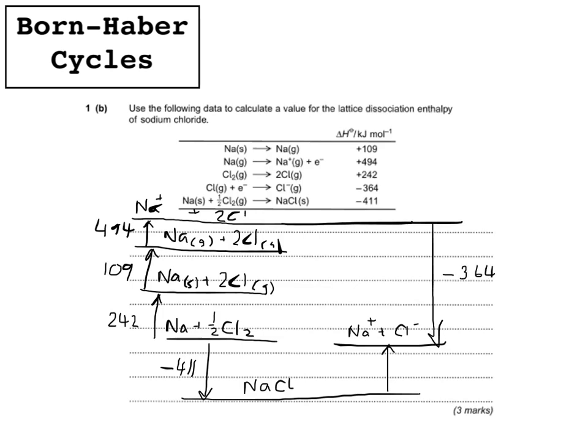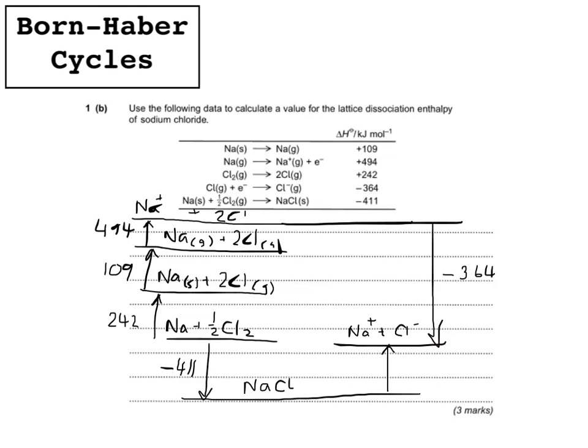What you're trying to work out is this. And to work that out, we're going to have to go round to it in this direction. So always go in the same direction as the arrow you're trying to work out. We're trying to work out the lattice dissociation enthalpy, so going from sodium chloride to its ions. So if we're going up that way, we're going to go up first and then back down again.